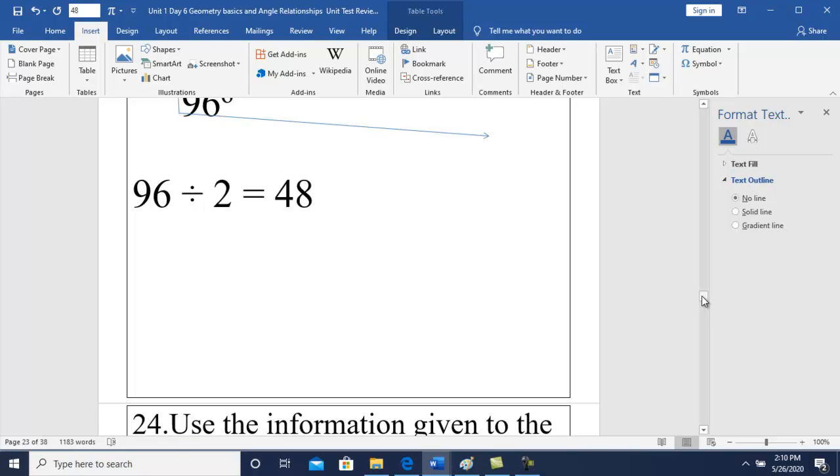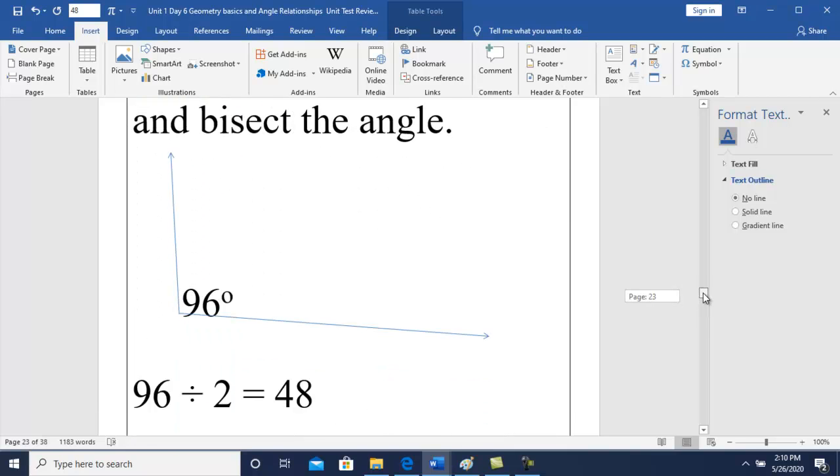So we need to find the angle measurement of 48 degrees.